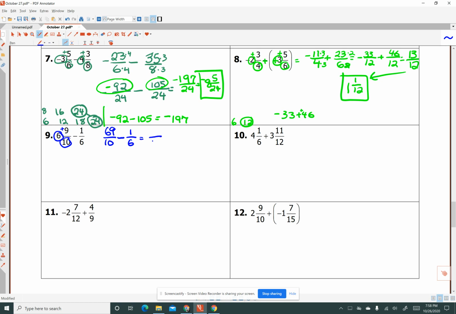So 10 times 3 is 30. 69 times 3 is 207. Minus 6 times 5 is 30. 1 times 5 is 5.